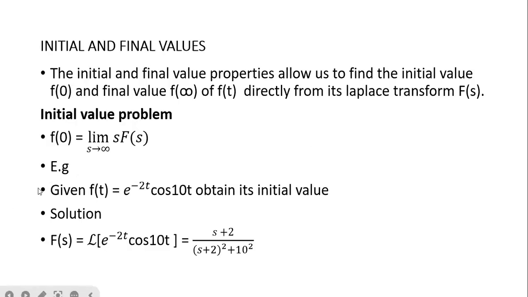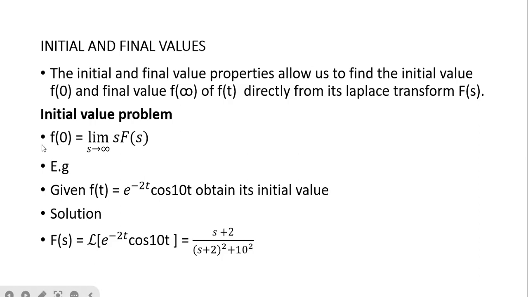Okay, another property here we want to look at is the initial and final values. Of course, with the Laplace transform, we can determine the initial and final value of a function. Now, if we have a function f of t, we can find its initial value, we can find its final value. The initial and final value properties allow us to find the initial value f of 0 and final value f of infinity of f of t directly from its Laplace transform f of x.